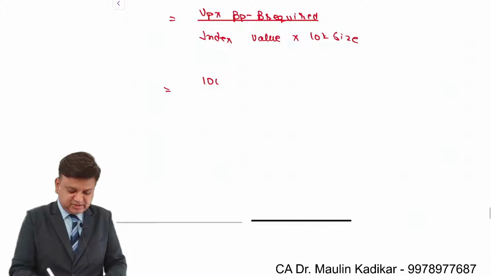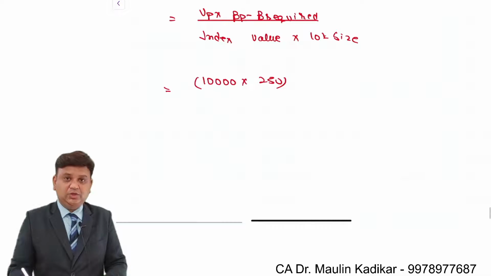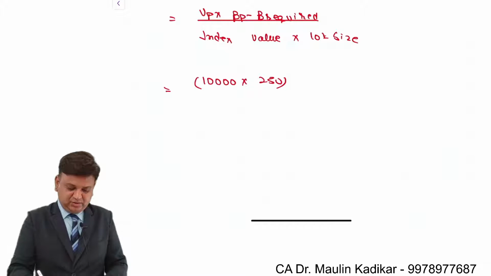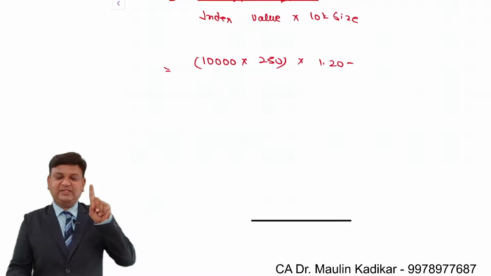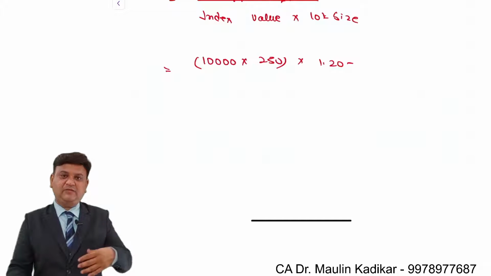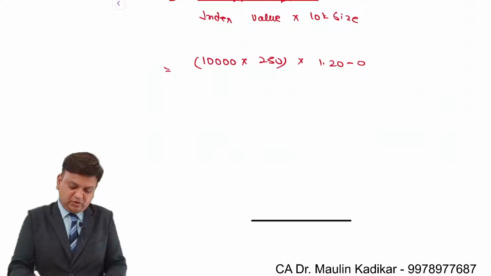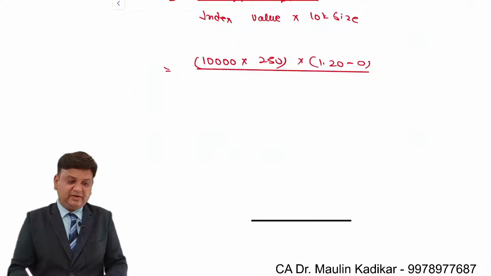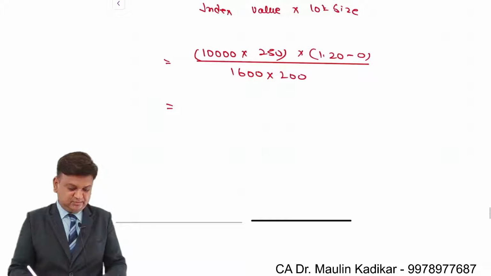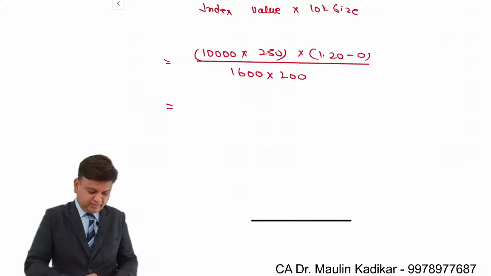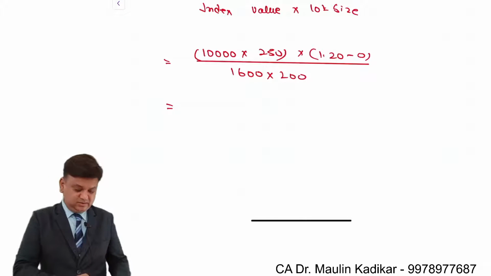So 10,000 shares into 250, this is the value of the portfolio, into 1.20. There is only one security in your portfolio, so beta of that security itself is beta of your portfolio, minus 0, divided by index value 1600 into 200 number of units. That is how we will compute the answer.